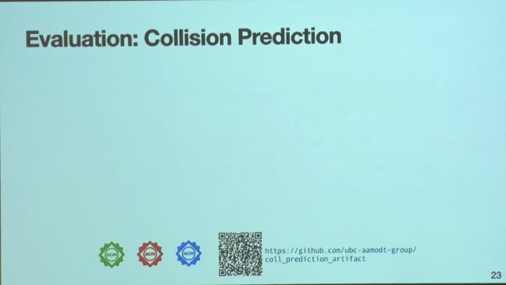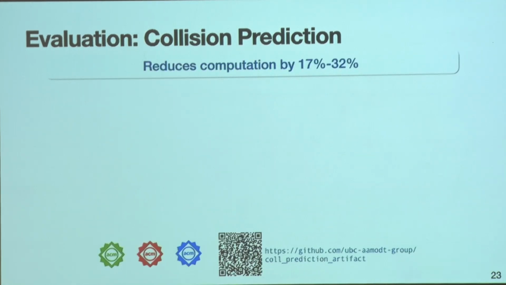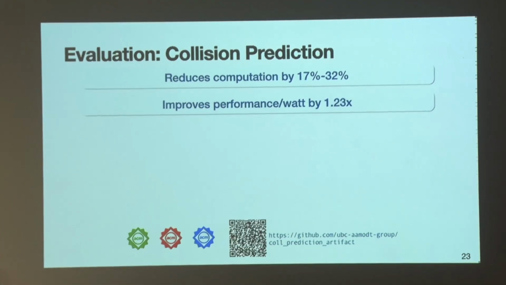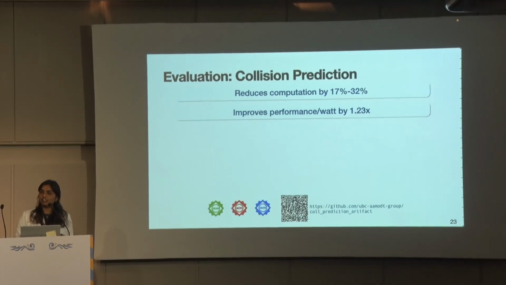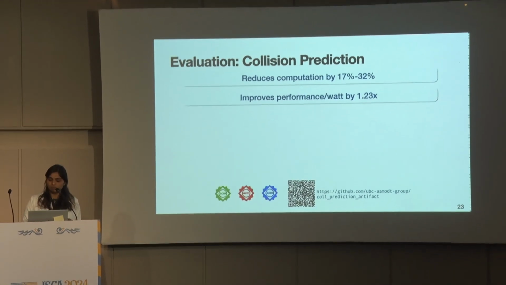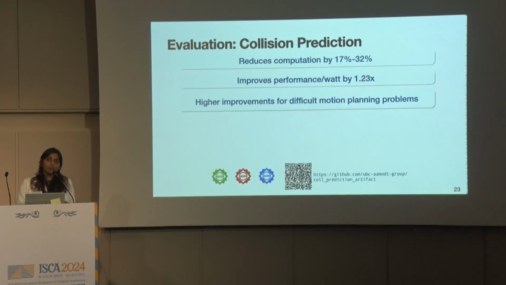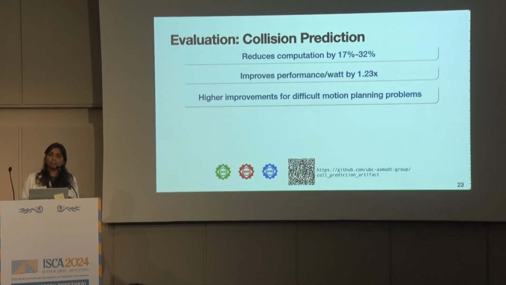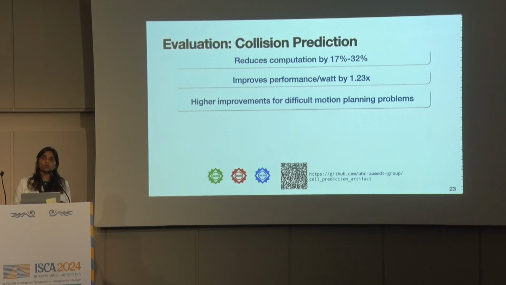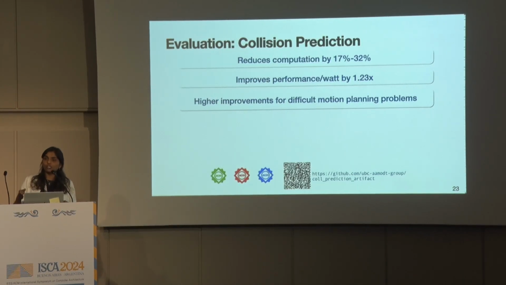To summarize the evaluation, the CORD predictor reduces computation by 17 to 32%. We show that it can improve performance per watt of these collision detection hardware accelerators by 1.23 times. We also show that collision prediction provides higher improvements for more difficult and time-consuming motion planning queries, such as going through narrow passages.